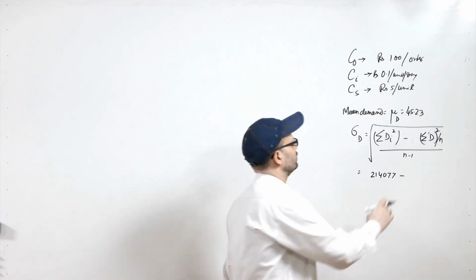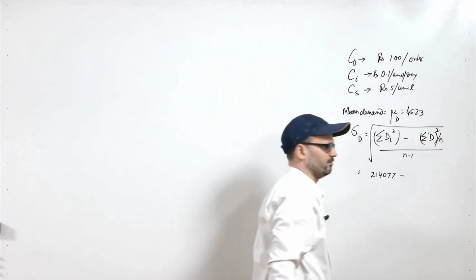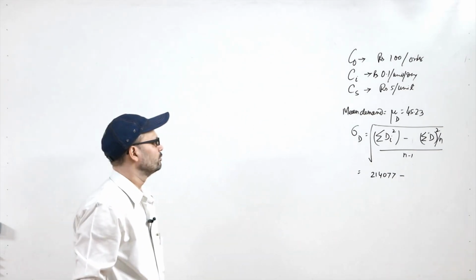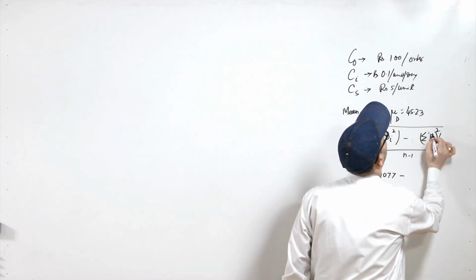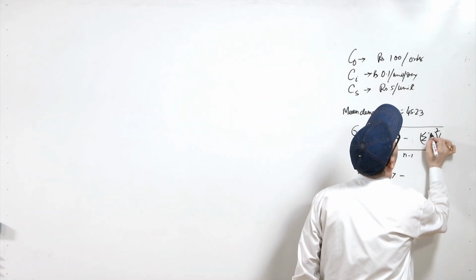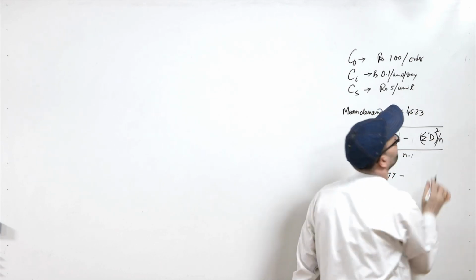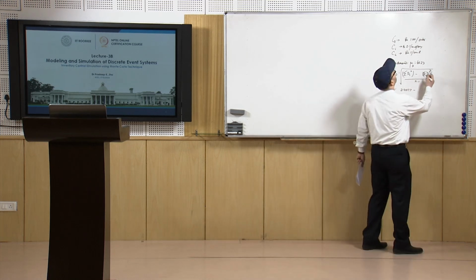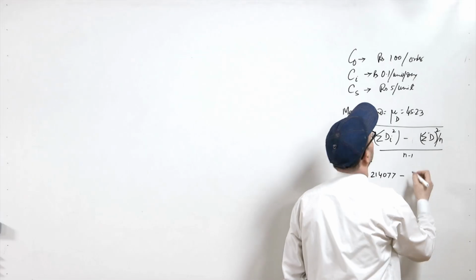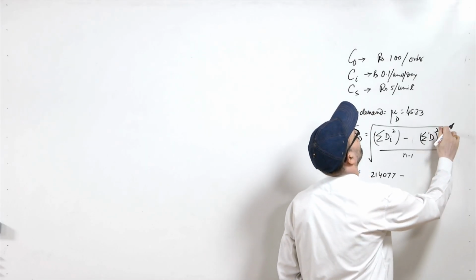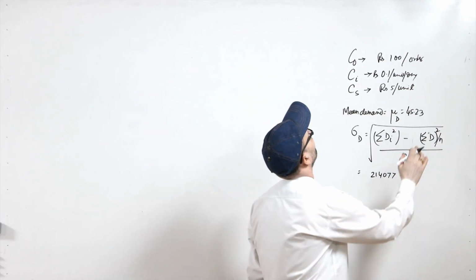And then you do the summation of the demand, that is the summation of the mean demand. This is 4.4523, so 4523 square divided by again 100.